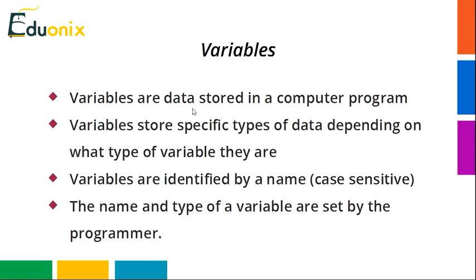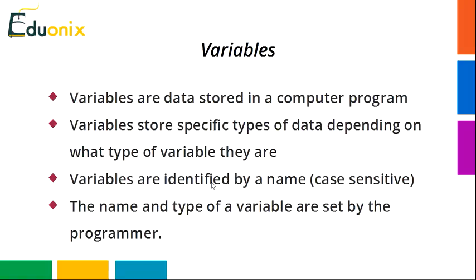Variables are data represented by a specific variable name that you give it. The one difference between computer programming and mathematics is that variables can only store specific types of data. So you set a type of data, and a variable can only store the type that you set it to store.